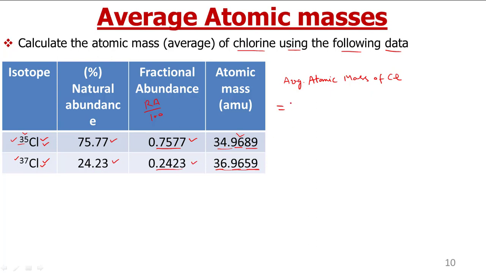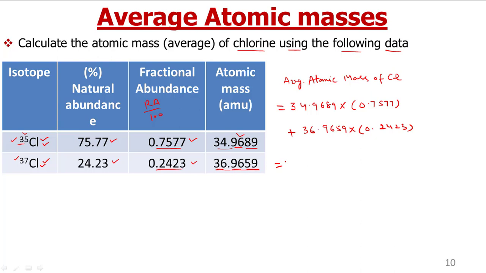So it is 34.9689 into its fractional abundance 0.7577, plus the mass of the second isotope, 36.9659, multiplied by its fractional abundance 0.2423.